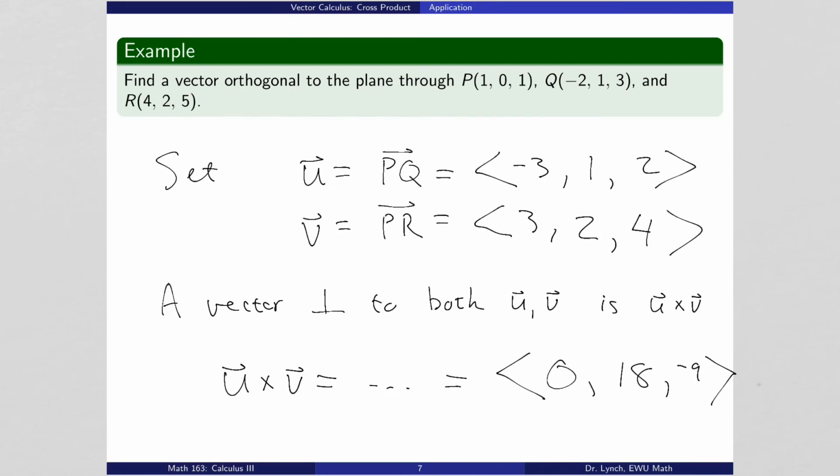Just do all the computation there to crank out this cross product, and you should get 0, 18, -9, and that turns out to be a vector that's, again, orthogonal to this plane. And it turns out you could have used a different combination too. You could have used PQ and QR or something like that, so I'll challenge you to show that you get a vector perpendicular in those cases too.